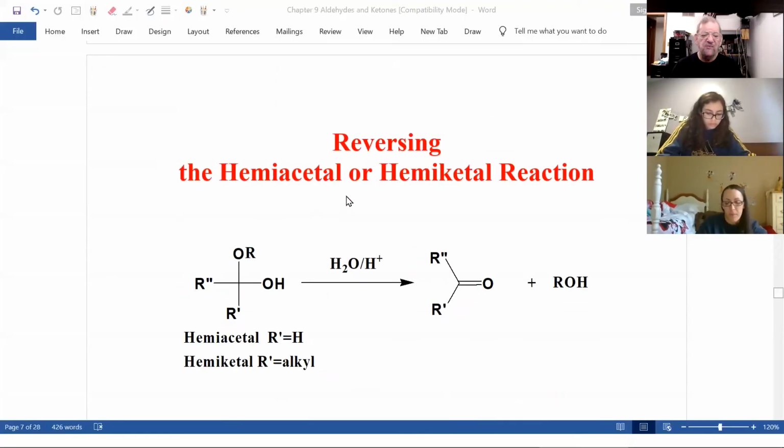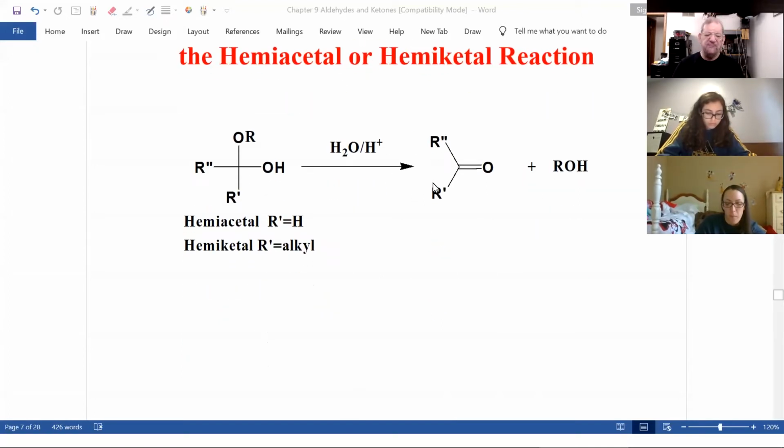Now, the next two reactions, Mother Nature uses them to break them down. These are reactions going on, don't want to scare you, but in your stomach. And let's take a look at them, at least one of them first. And that's reversing or acid hydrolysis of a hemiacetal or hemiketal.